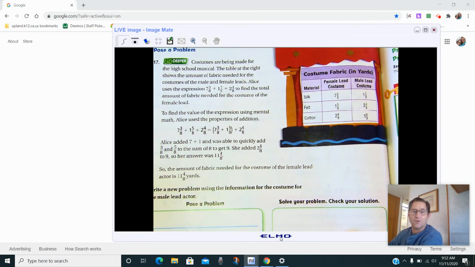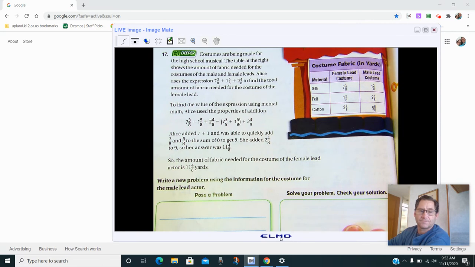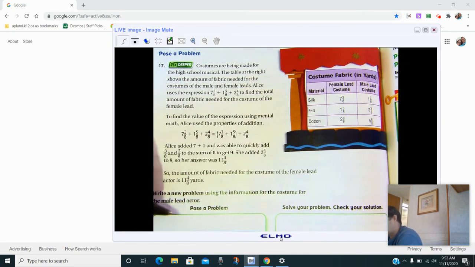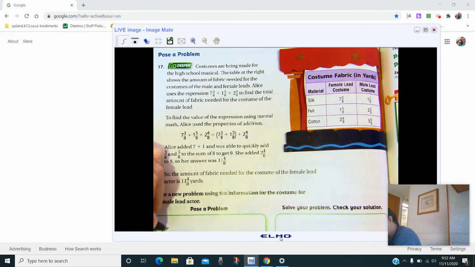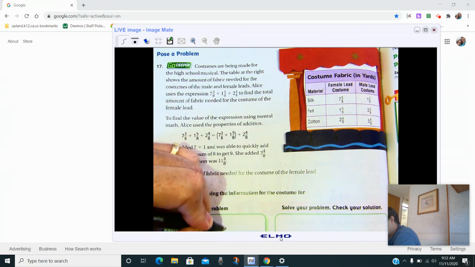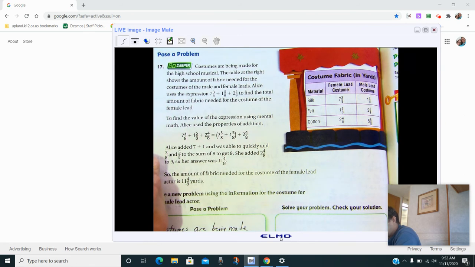Okay, so well, in a sense, we're kind of just repeating the words, except we're going to replace female lead with male lead. Costumes are being made for the High School Musical.